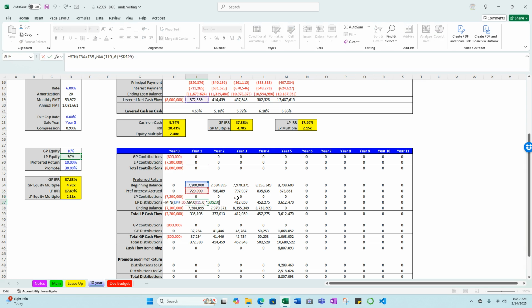This involves some min-max function syntax. Let you pause the video there.